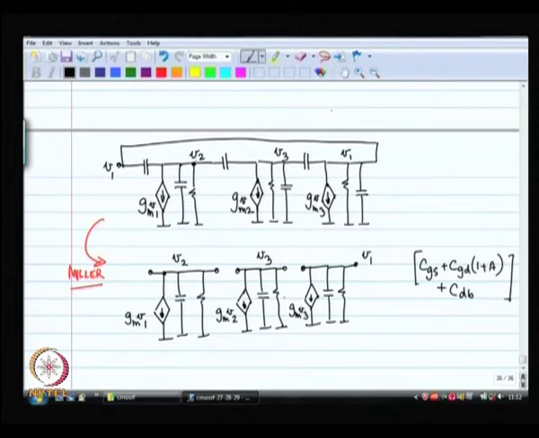So, this is each capacitor that you have got. Let us say that this is a C and each resistor is RDS, right. Let us say we call it R.